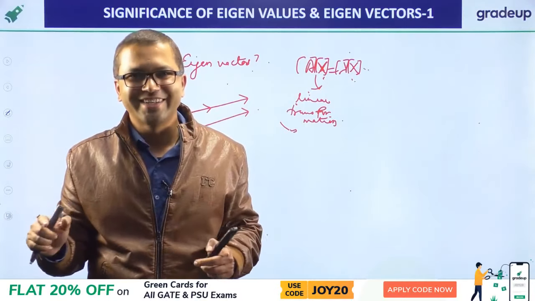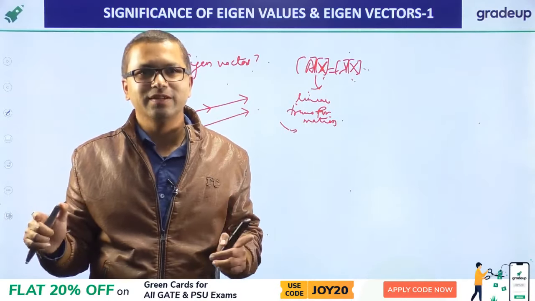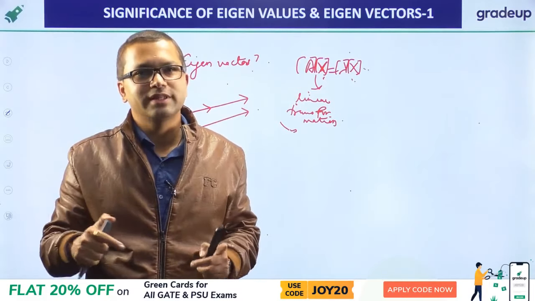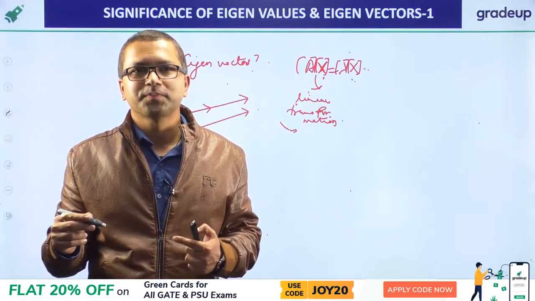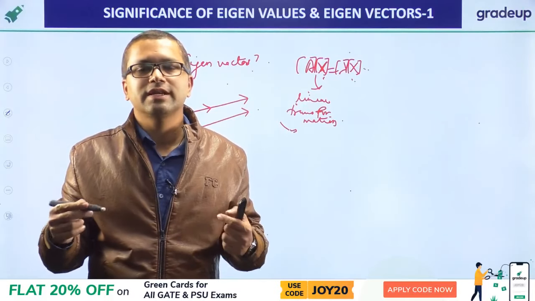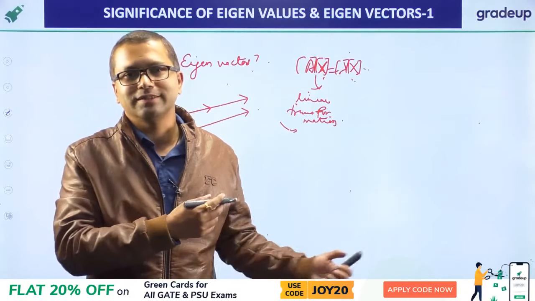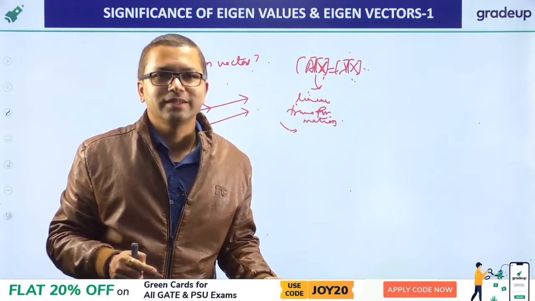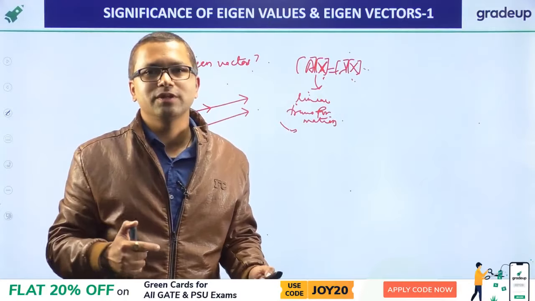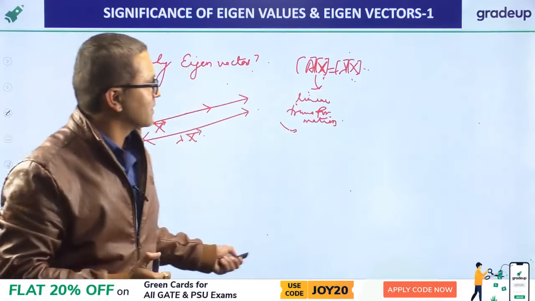I'm sure that is getting a bit tougher, so we'll take an example and try to understand it. We'll also try to understand why we are calculating this thing called eigenvector. Let's not just get into theory, let's also try to solve it.